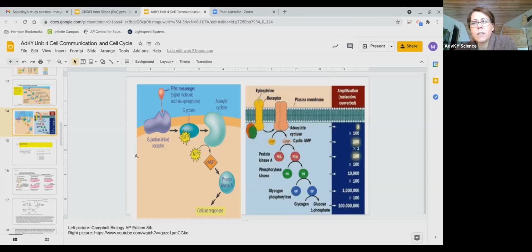So in times of stress or dangerous situations, that signal is going to help your cells produce a lot of glucose. You can get 100 million glucose molecules released in response to that one epinephrine. That's what we're talking about when we say phosphorylation cascades can amplify a signal. So epinephrine is a great example of that.